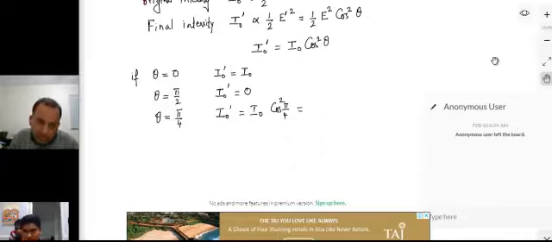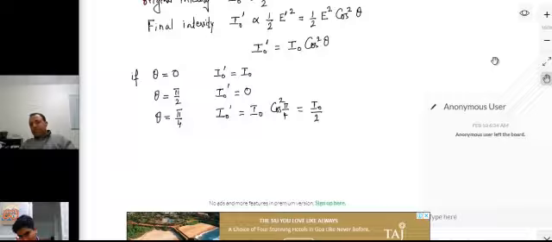So it is I naught over 2. If you rotate it by 90 degrees, you get 0, but exactly halfway between them, you get the intensity reduced by half.